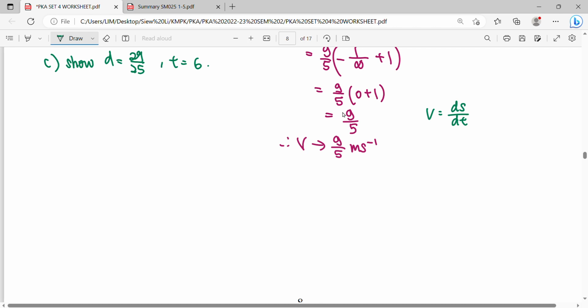Velocity is distance over time, means the rate of change of distance over time, correct? So if we want to find back distance, we integrate.